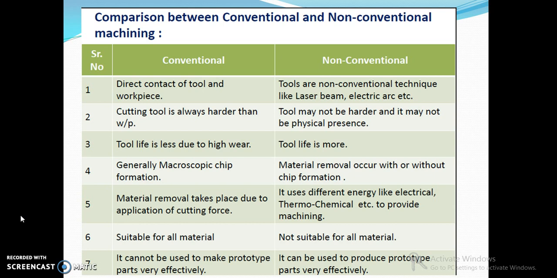The seventh parameter is prototype parts. Conventional machining cannot make prototype parts very effectively, meaning it is not possible to make parts accurately and precisely, but non-conventional machining can produce prototype parts very effectively, accurately and precisely.